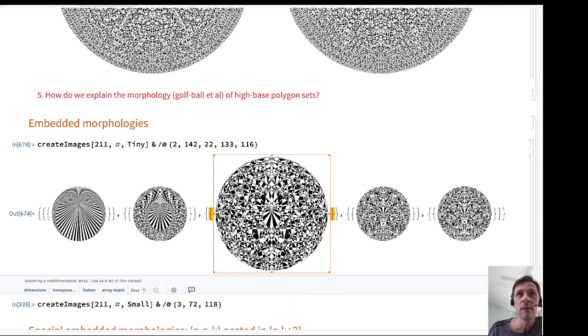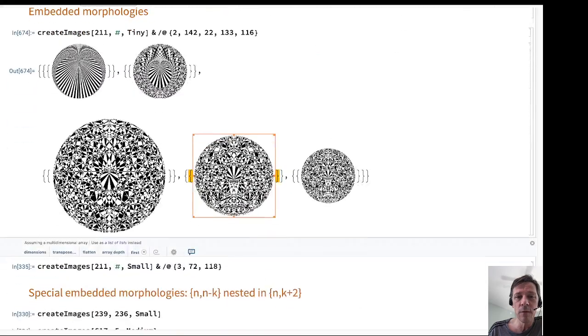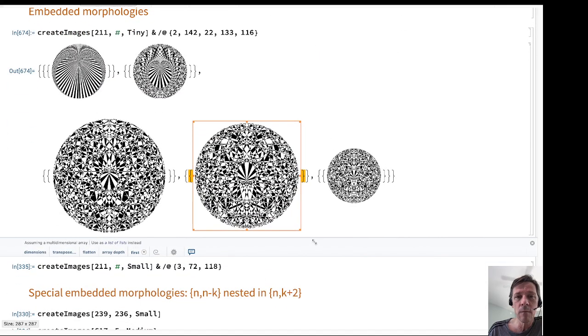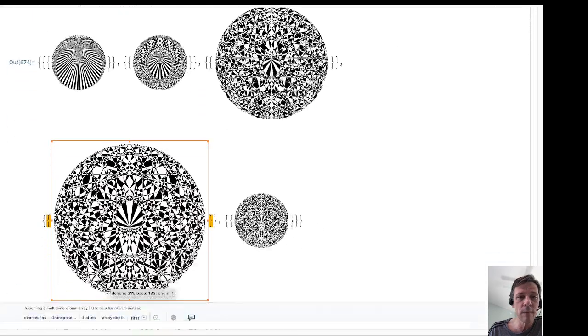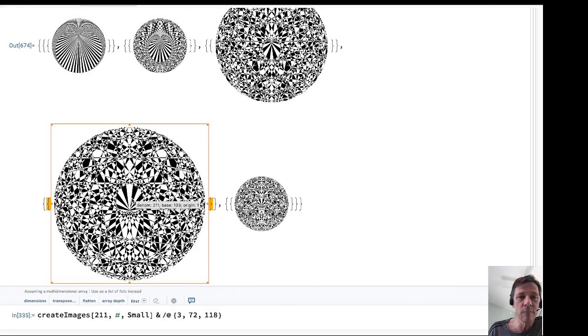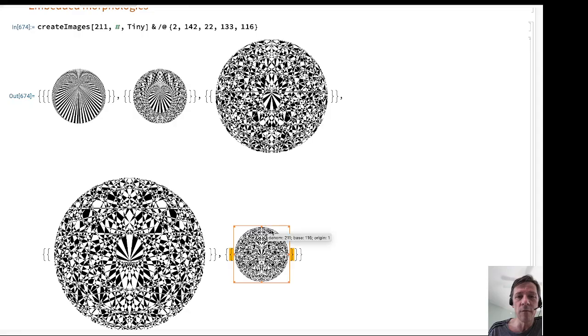Yeah. That cardioid shape is embedded inside here. This is in base 133, and here the cardioid shape has inverted itself, so now it's upside down, but it's still these kind of radiating palm fronds. And then this is base 116.